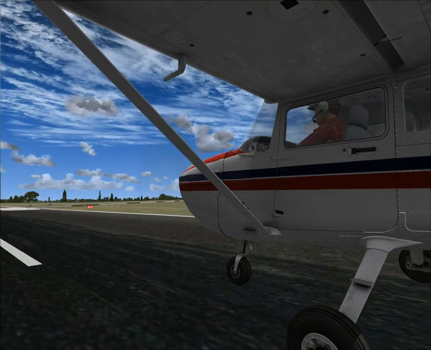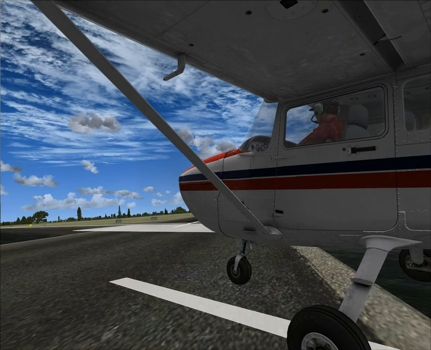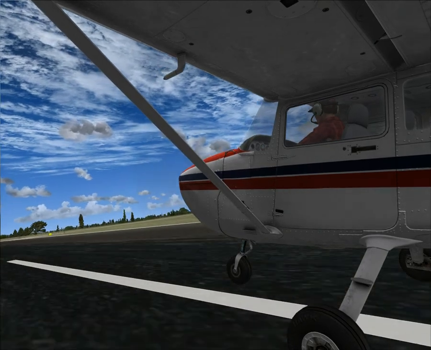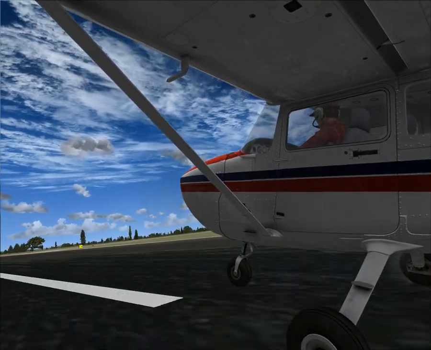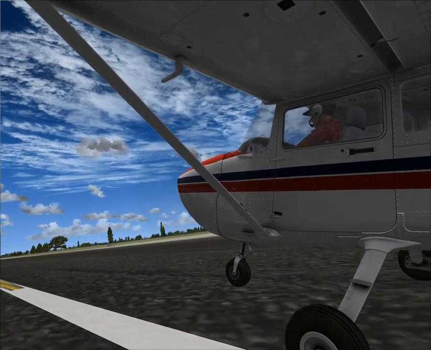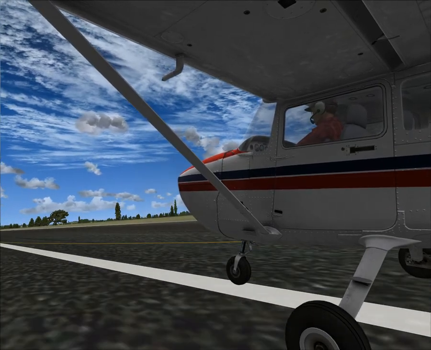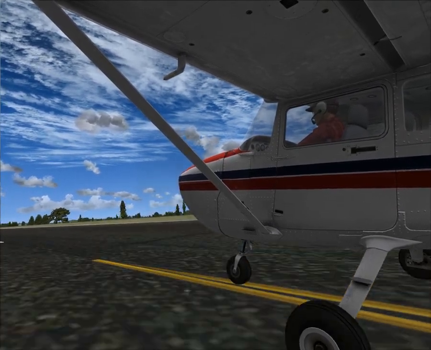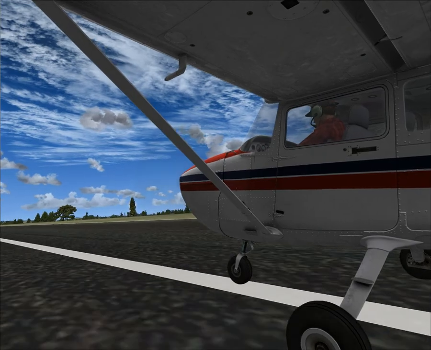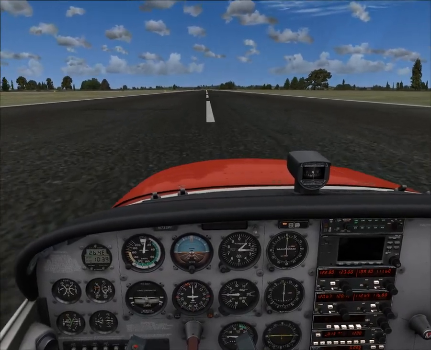And it's all about timing. Keep bringing that nose up, and you'll see those mains touch first. And full back pressure. And keep that nose wheel off the ground as long as possible. And then you hit brakes as needed, which right here I'm hitting brakes.